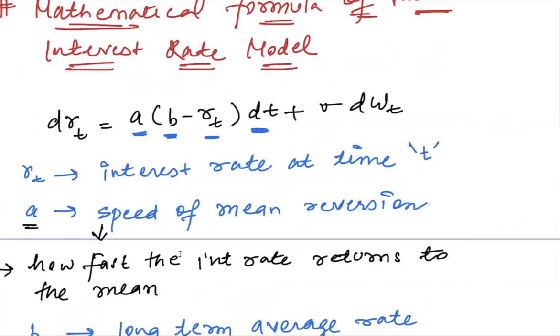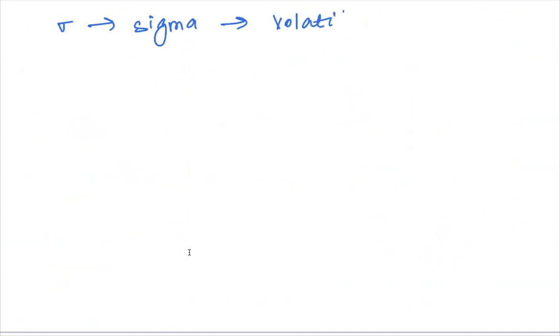So now we have covered dt, A, B minus Rt. Now what is left? Sigma. Sigma is nothing but your standard deviation, or you can say the volatility of the interest rate.